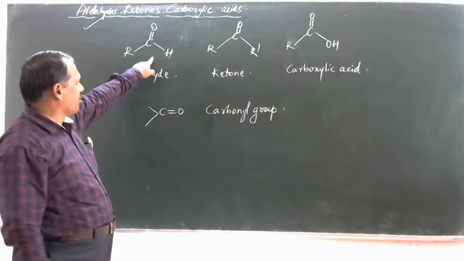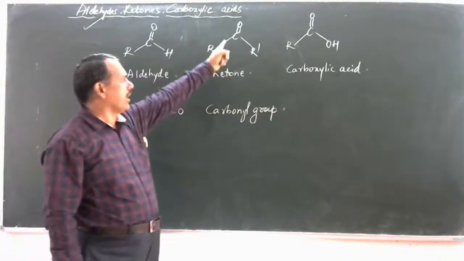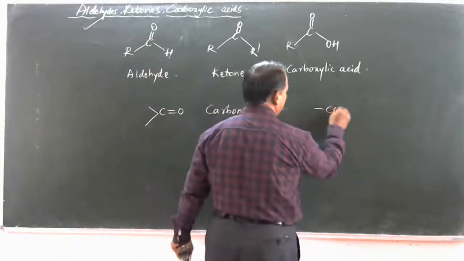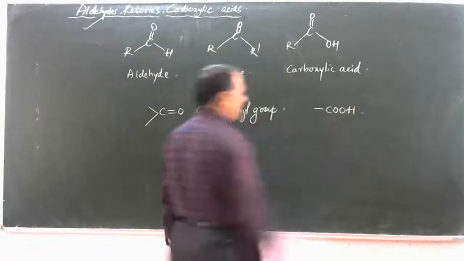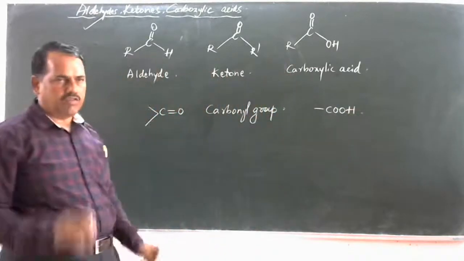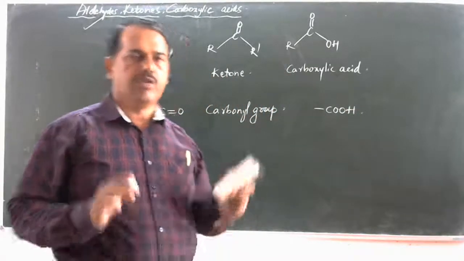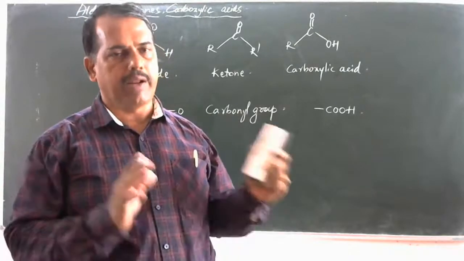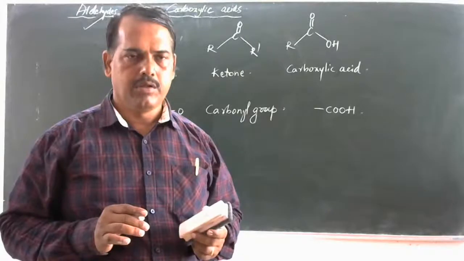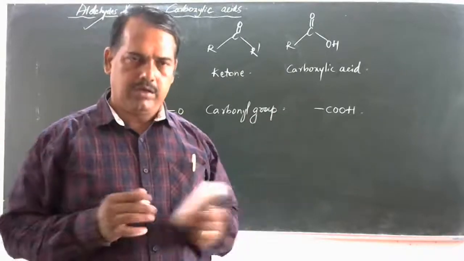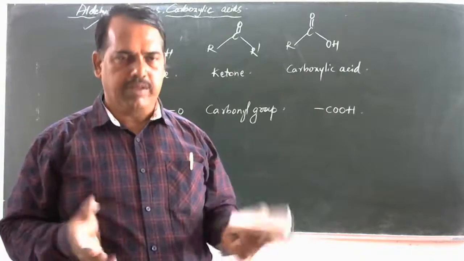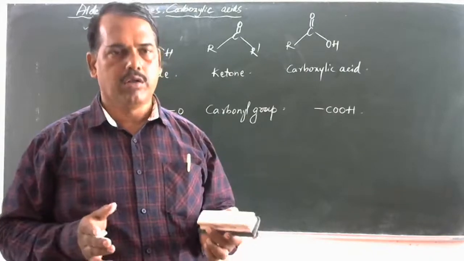For aldehyde the functional group is CHO, for ketone a carbonyl group, and for carboxylic acid we write COOH. Are you clear? Aldehydes and ketones are mainly synthesized by plants and animals. In our day-to-day life, we can find their pleasant odor, the fragrance.